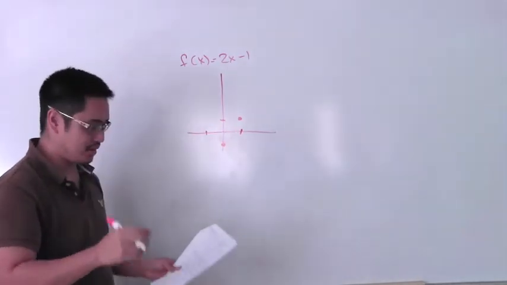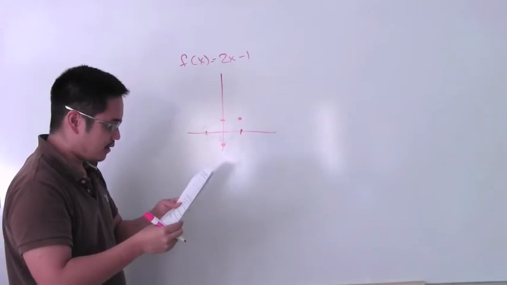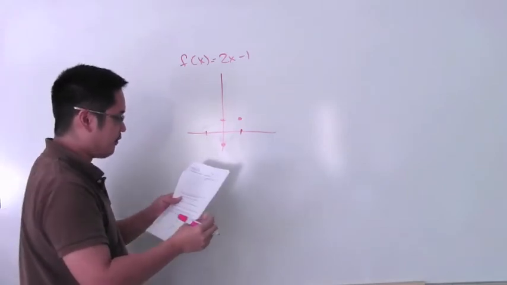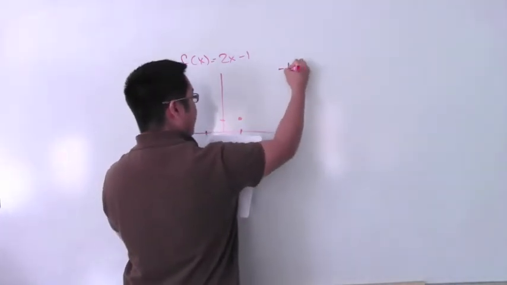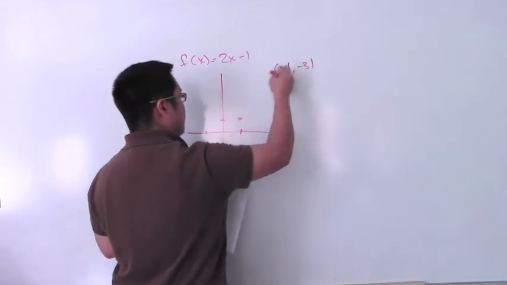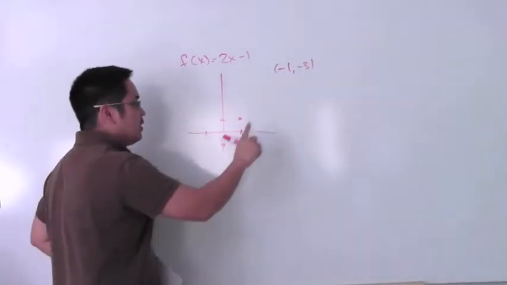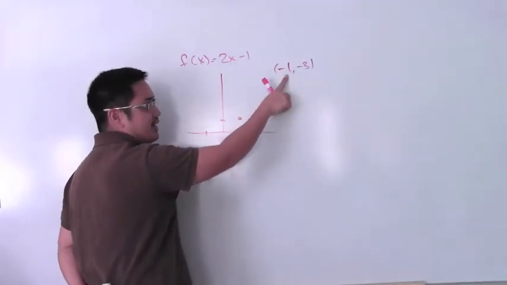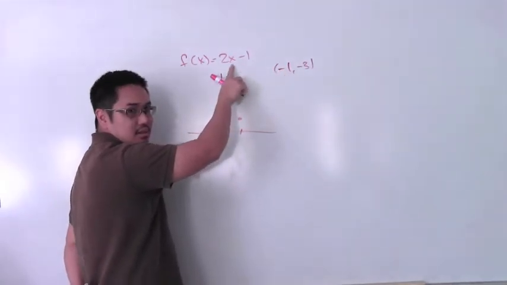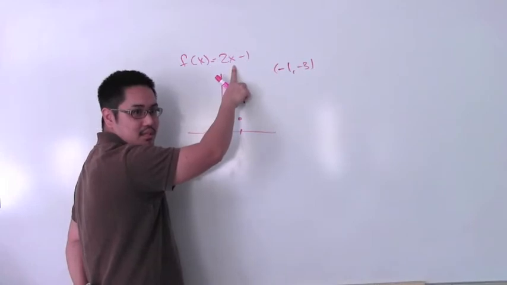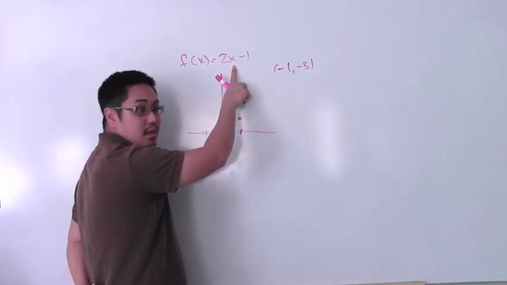Here's another thing that they do, is they're saying verify that negative 1 comma negative 3 is on that graph. Well, there's two ways to do that. We can do it mathematically without looking at the graph at all. Plug in negative 1 into here. You have 2 times negative 1, which is negative 2.